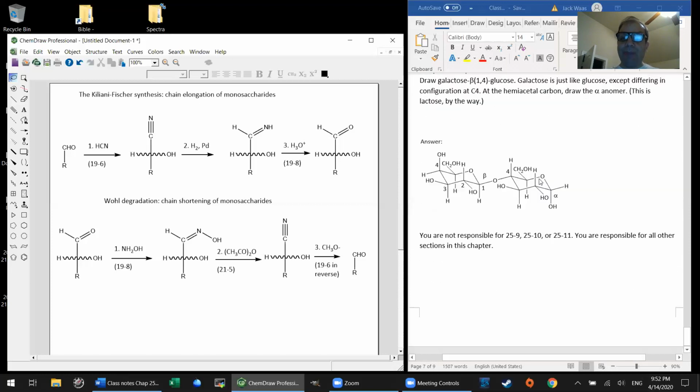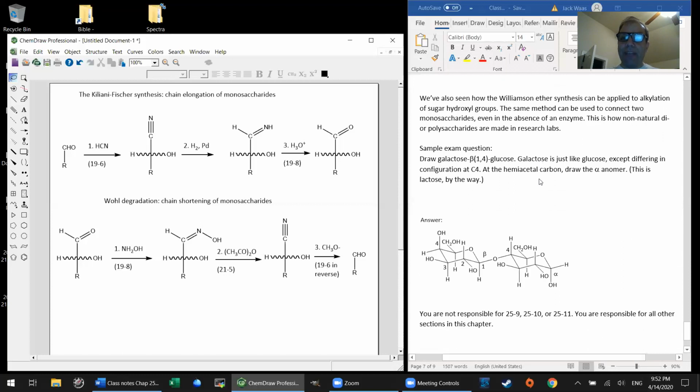If you combine those two ideas, then you understand how to make a disaccharide. It's just like making a glycoside, only instead of using methanol, you use some other OH group on a second sugar molecule. Those come together and lose a molecule of water, and you get a disaccharide.